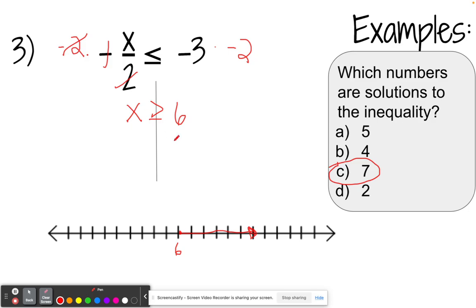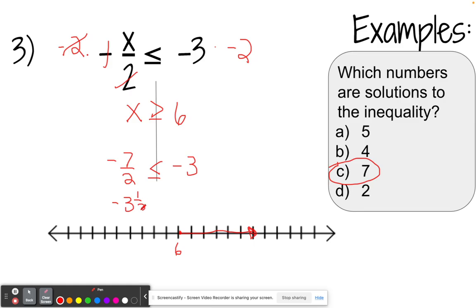So let me put 7 in here. Negative 7 over 2. I might have wanted to try 8 because it would be an even number, but that's okay. Is that less than or equal to negative 3? 7 divided by negative 2 is negative 3.5.